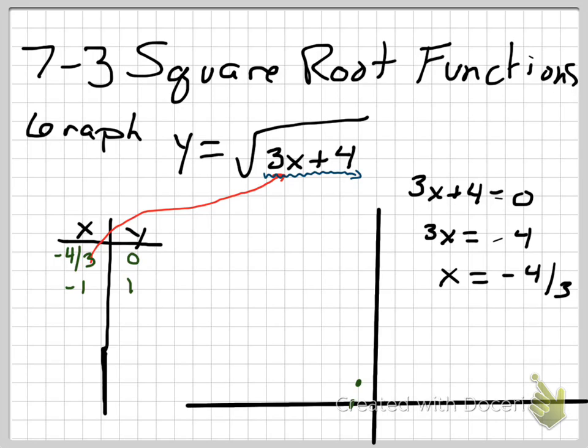Before negative 4/3, 0, there was nothing. There's nothing happening. This is basically the start of everything in terms of this graph. Okay? And so now what you do is you make up whatever numbers you want in the x column that are on your graph paper to figure out where this graph's going to go.